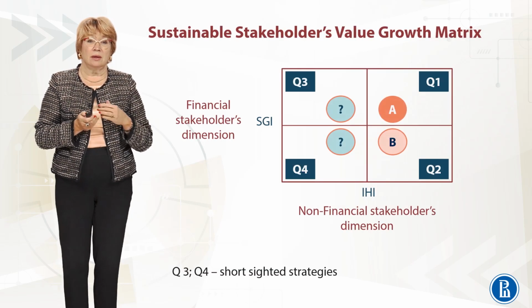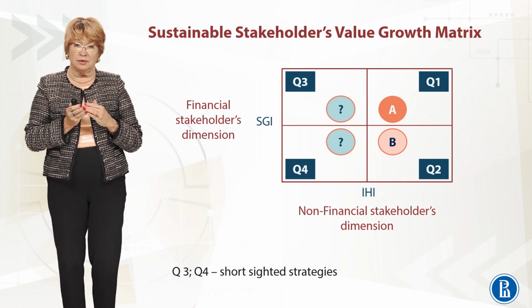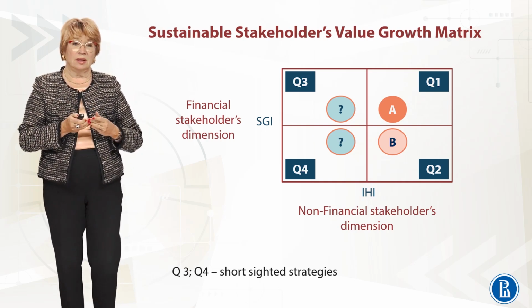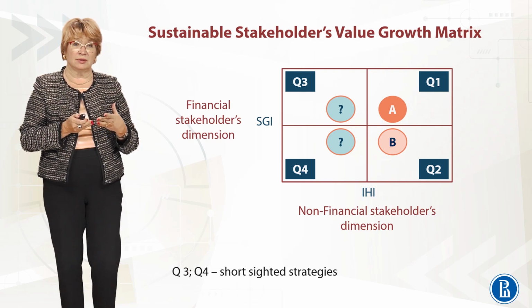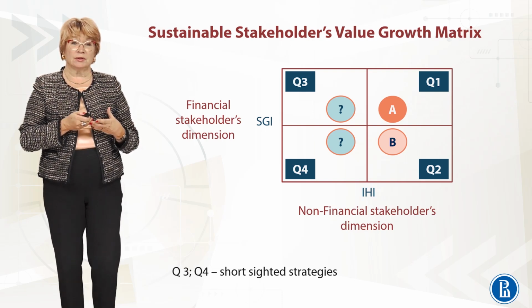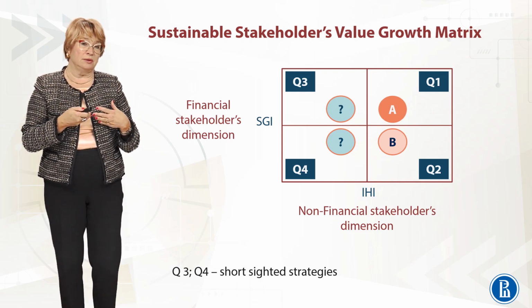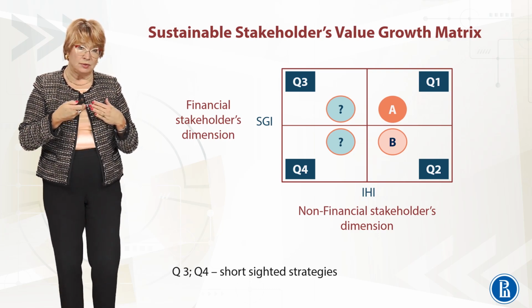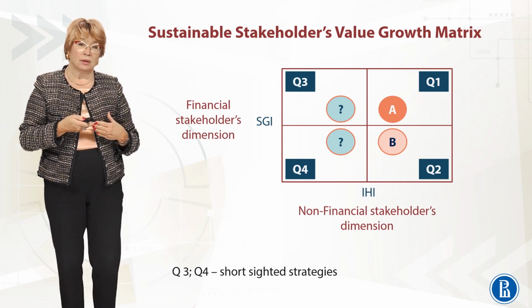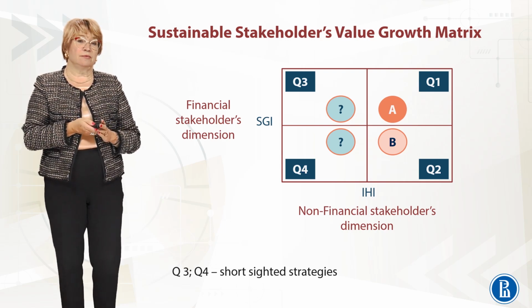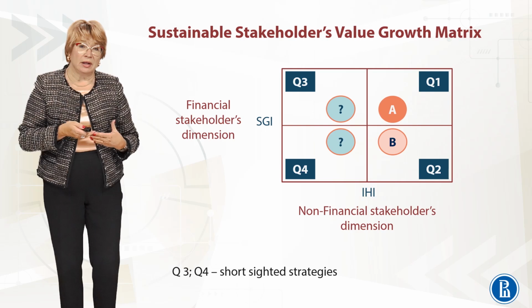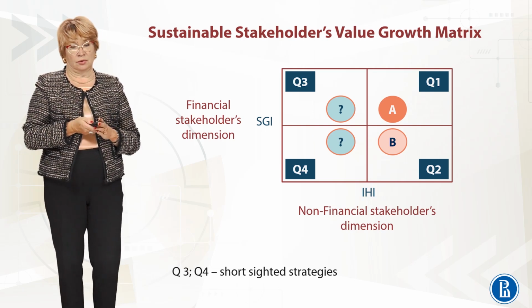So now we can combine these two new metrics. The sustainable growth index on one side, which describes, as I already mentioned, the attitude of the management team towards their mission to run the company for the sake of shareholder value creation at first.